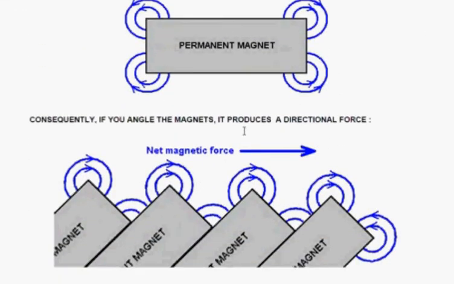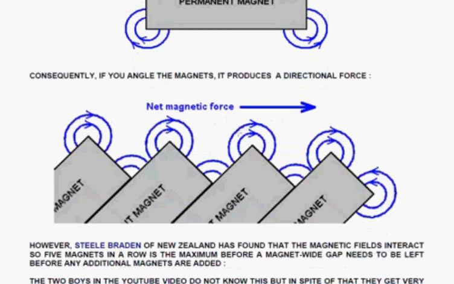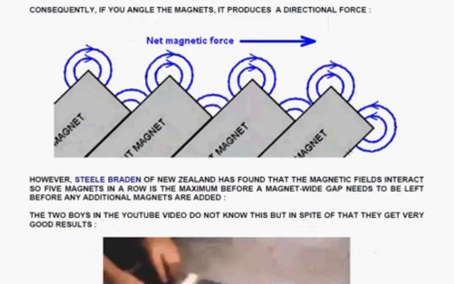As a result of that, if you angle the magnets, say at 45 degrees, they line up and give you what is effectively a net magnetic force across the row of magnets. Now, Steve Braden of New Zealand has found that the magnetic fields interact eventually if you keep doing that. And he's found that 5 magnets in a row is the maximum before you need to leave a gap before any other magnets are added.